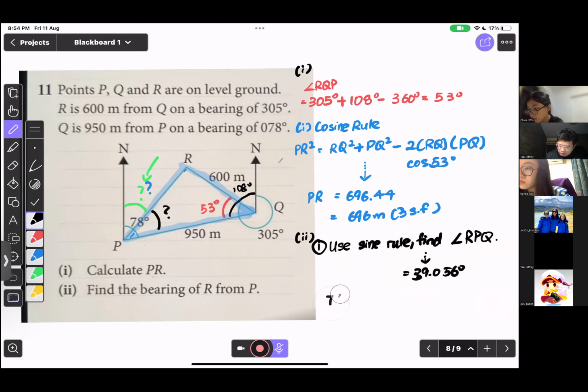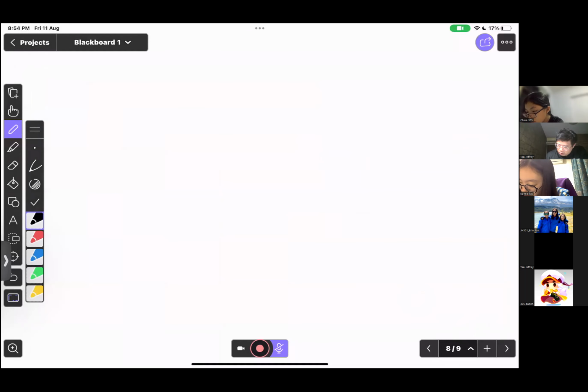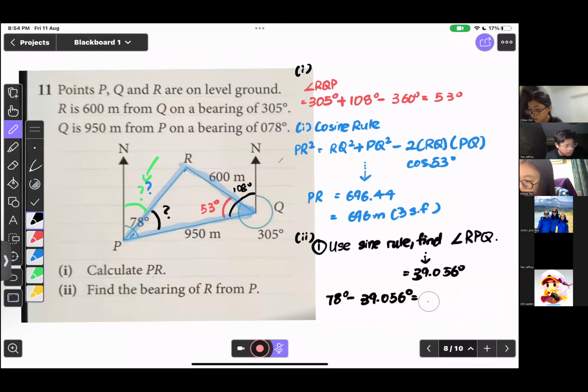Then you take 78 degrees minus 39.056, and you will get your answer, which is about 038.9 degrees. So this is topic 9, practice set 6, question 11.